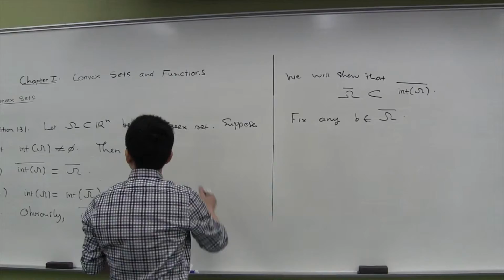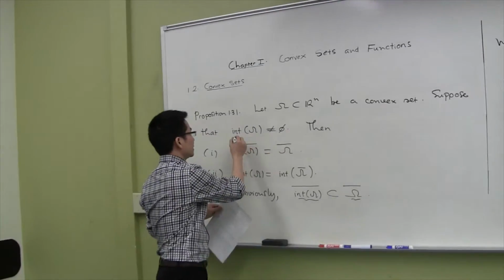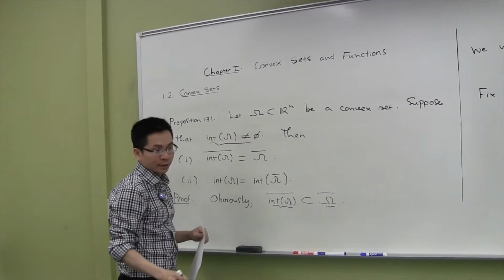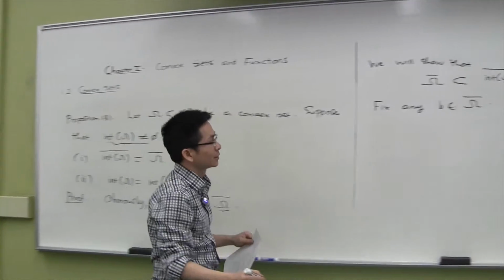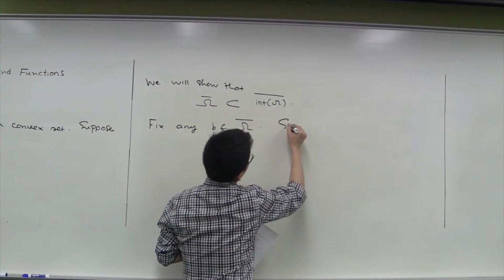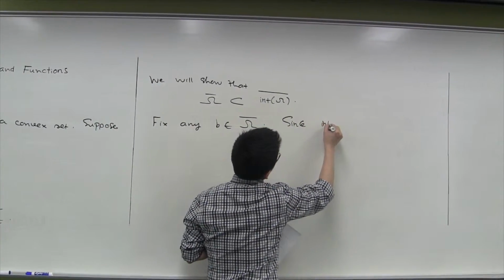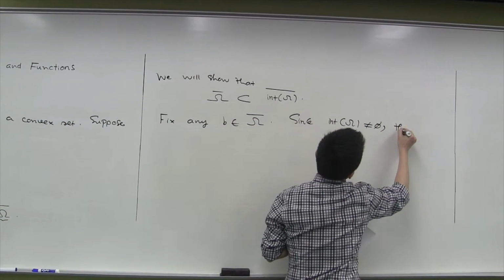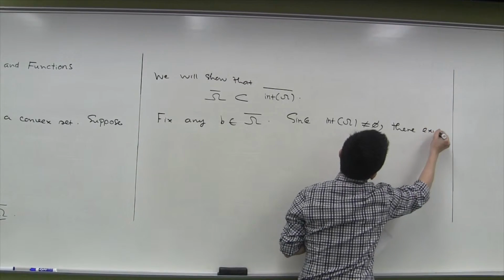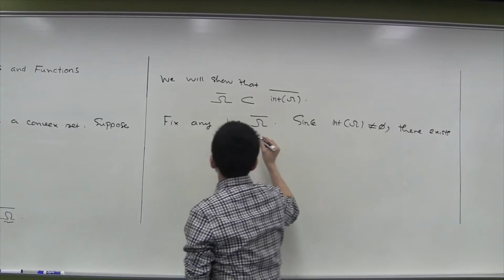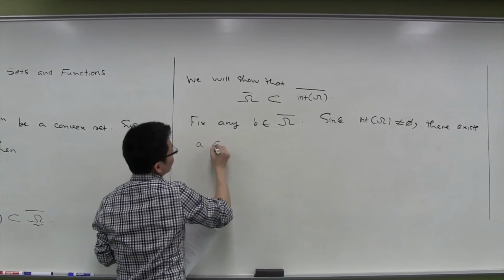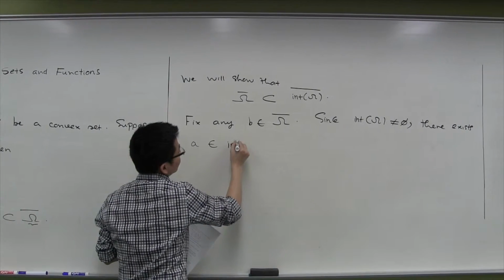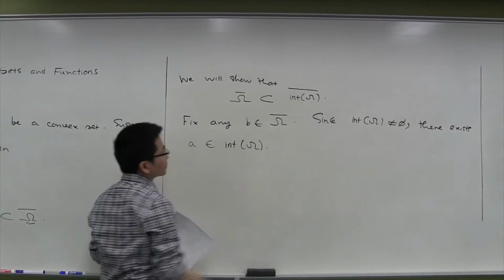Now here we have this assumption: the interior of omega is non-empty. So since the interior of omega is non-empty, there exists an element A that belongs to the interior of omega.